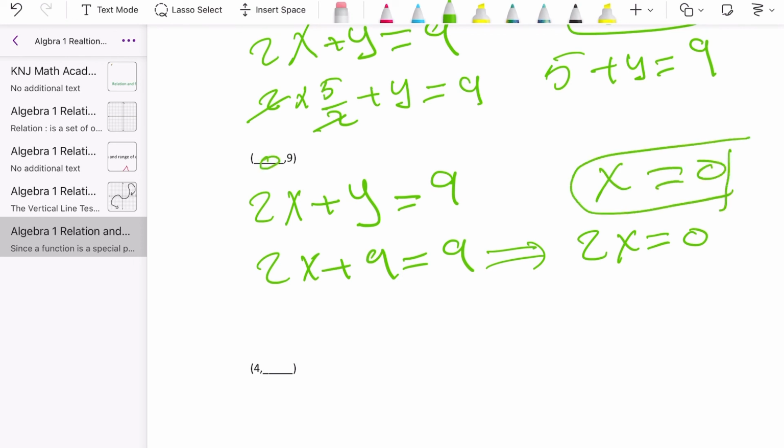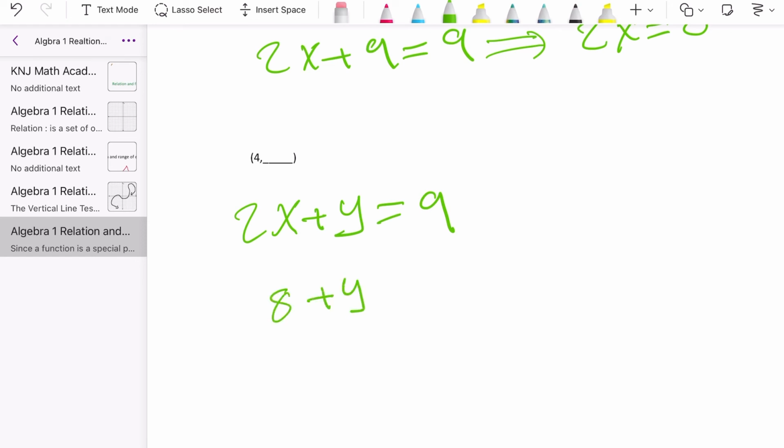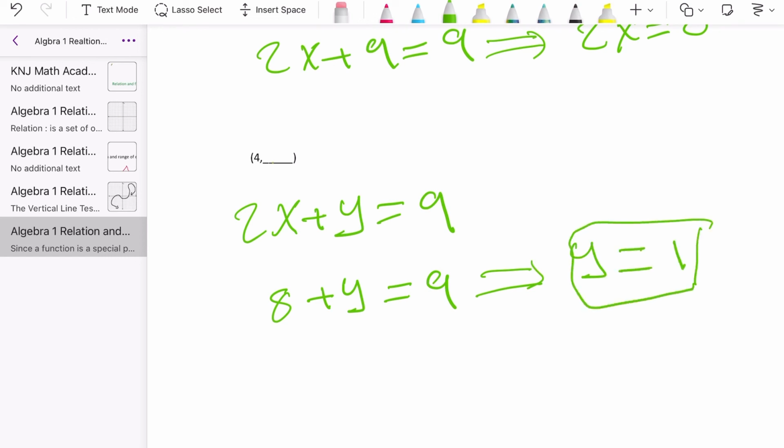So this pair is 0 and 9. The last one I have, it is the same equation. I have 2x plus y equals 9. In this case, x is 4. So 2 times 4 is 8 plus y equals 9. I can subtract 8 from left and right. So here y equals 1. So my pair here is 4 and 1.